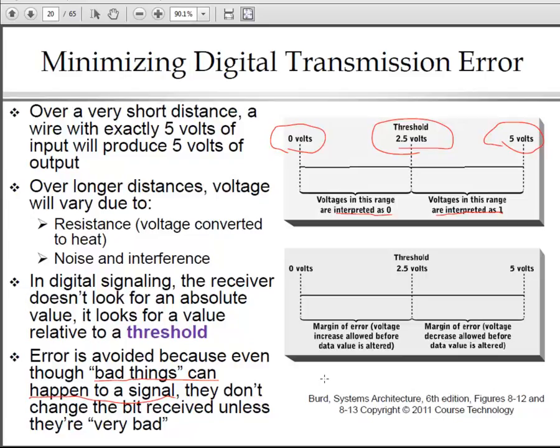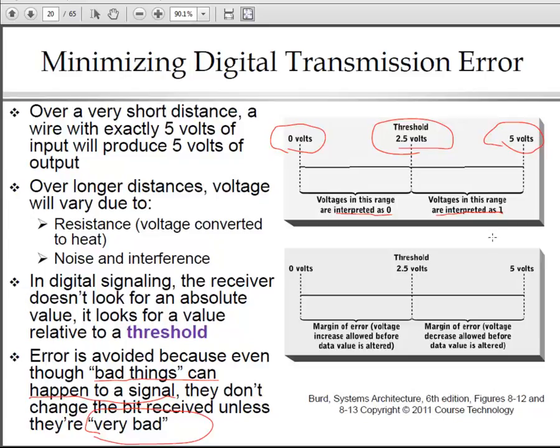So what we do is we use this threshold-based comparison to decode the data. That way we have, quote unquote, room for bad things to happen. Okay, and they have to be really bad in order to have the receiver make the wrong decision as to whether the incoming signal represents a 0 bit or a 1 bit.